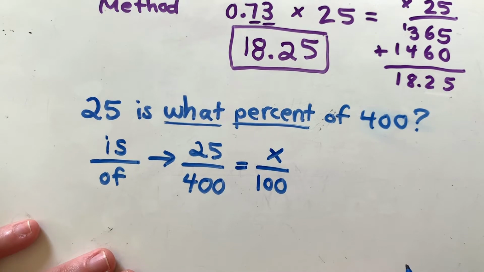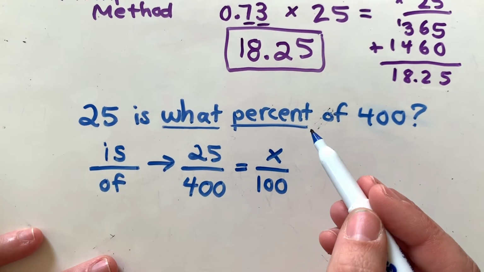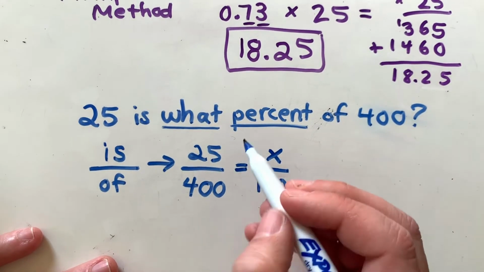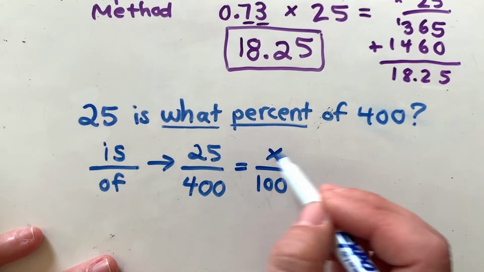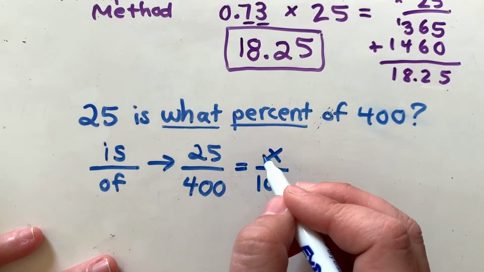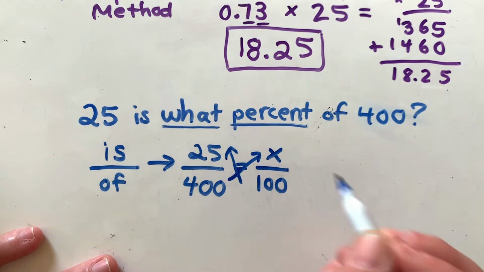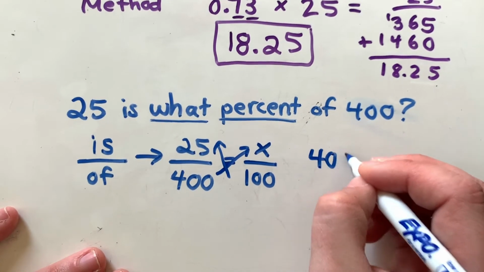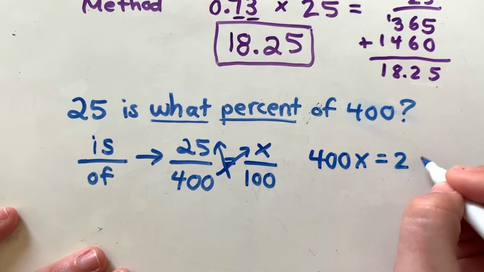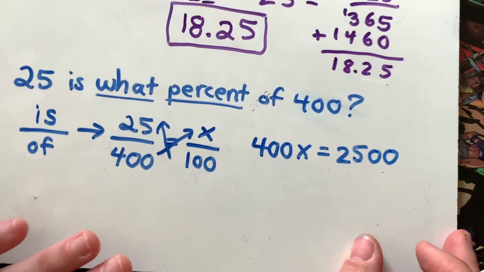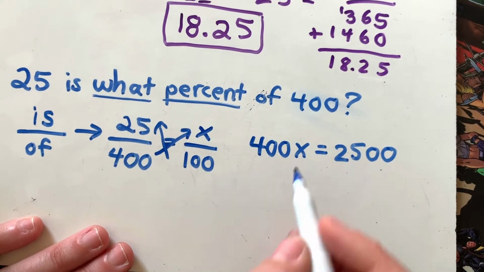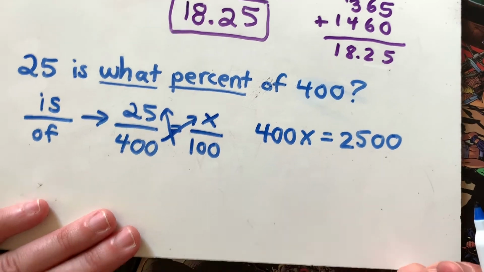Now, when you go from here, you have the option, you can simplify this fraction first, or you can just go straight into cross multiplying. I think I'm going to do that. So you end up with an algebraic equation. So 400 times what number is 2500?